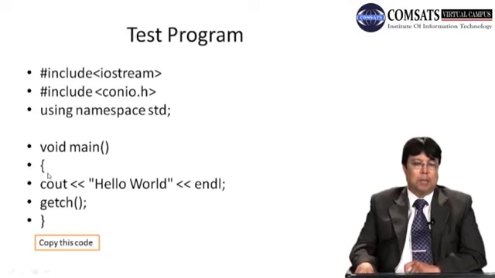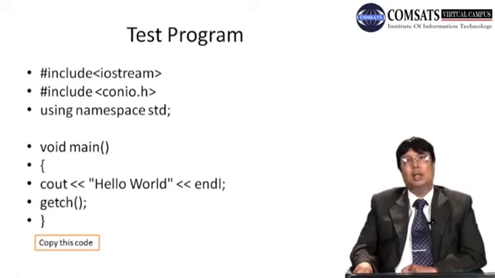This brace, curly bracket, shows the start of your main function, and this shows the end of the main function. This is a statement, cout, that displays whatever you place in the quotes, hello world, on the output window.